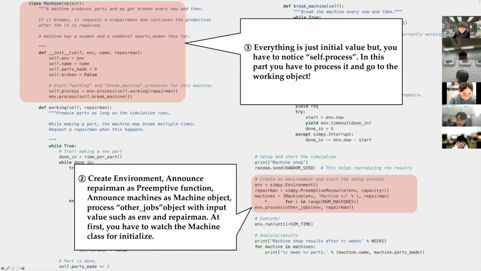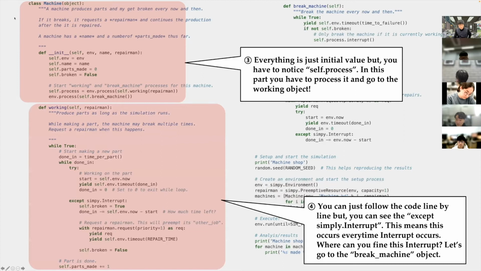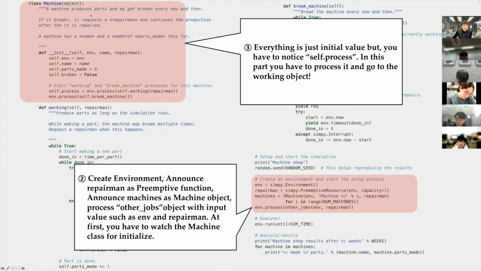So now we have to see what is being coded in the machine class. The definition of the machine class starts with the init function definition. The argument is self.